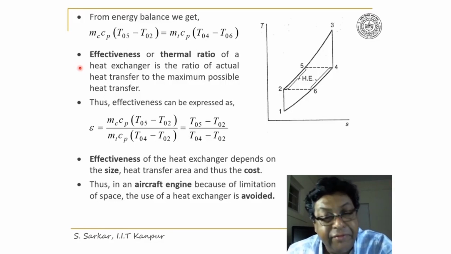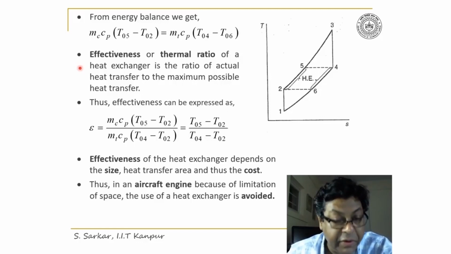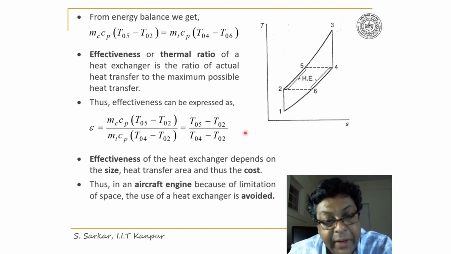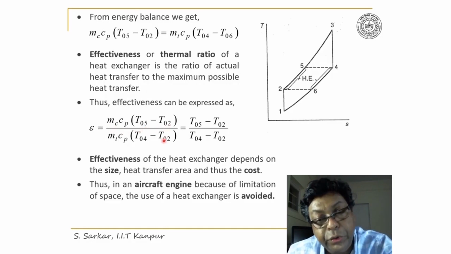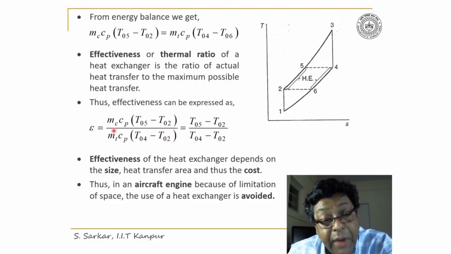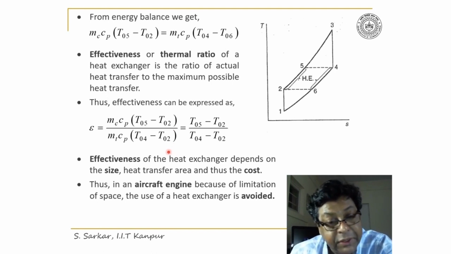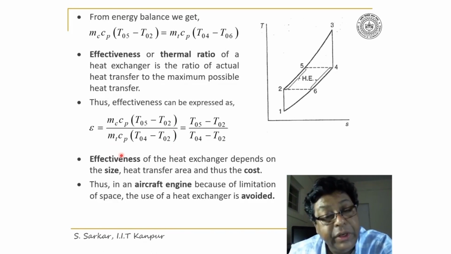Now, the effectiveness of a heat exchanger can be defined as the ratio of actual heat transfer to the maximum possible heat transfer. Thus, I can express the effectiveness epsilon as mC into Cp into (T05 minus T02) divided by the maximum possible heat transfer, which would be equal to mC into Cp into (T04 minus T02).